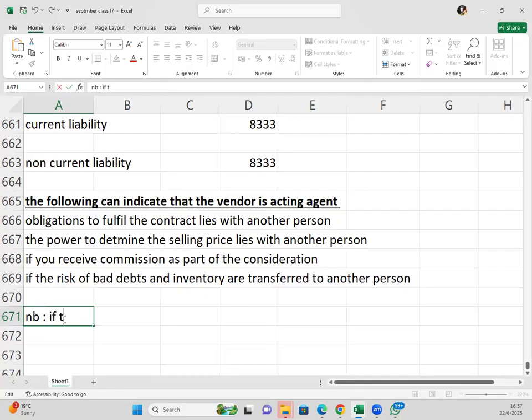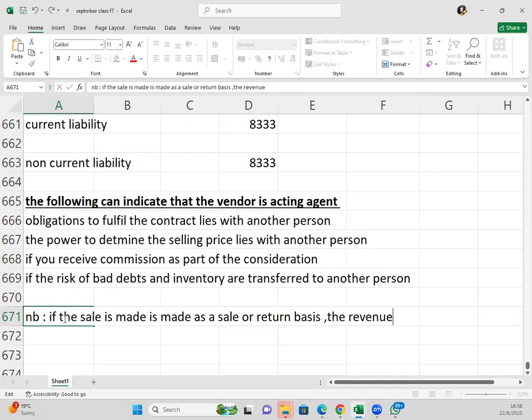So if the sale is made on a sell or return basis, the revenue should be recognized to the extent that the goods will not be returned.